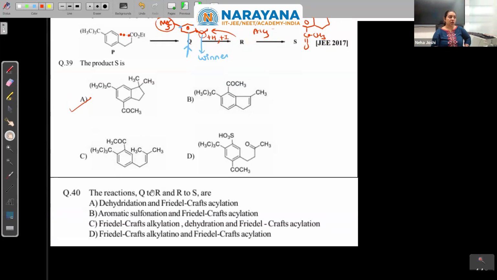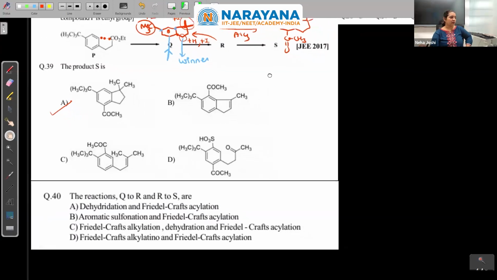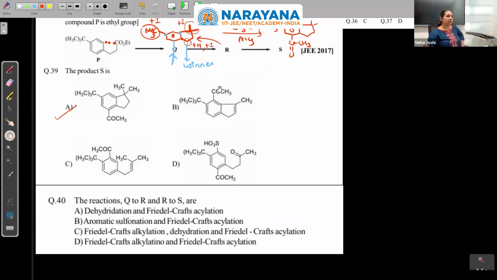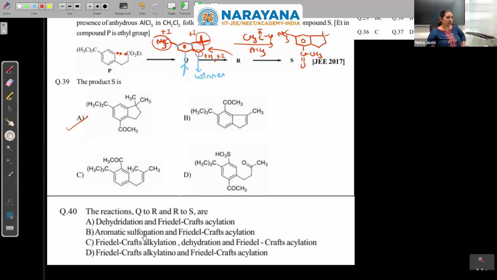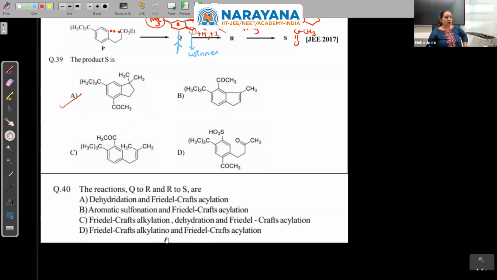The reaction, this was also a very confusing part. Q to R was Friedel-Crafts and R to S as well. Q to R was a Friedel-Crafts alkylation because an alcohol was involved, and then R to S is a Friedel-Crafts acylation. So we have alkylation followed by acylation.